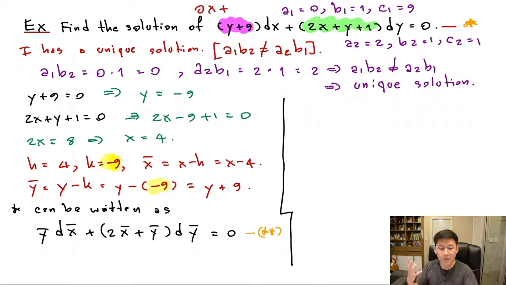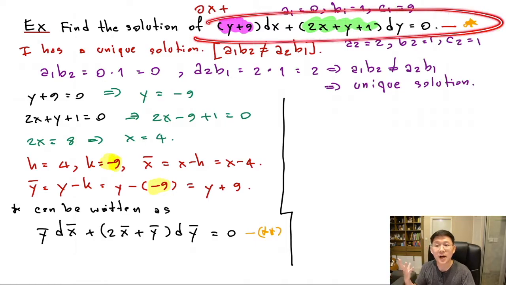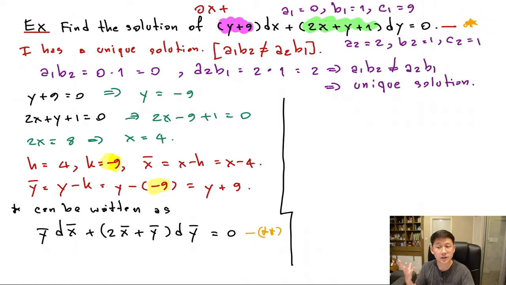So we begin with this equation where m and n are linear functions, and then we know that it has a unique solution. So I find the solution, which is 4 and minus 9.